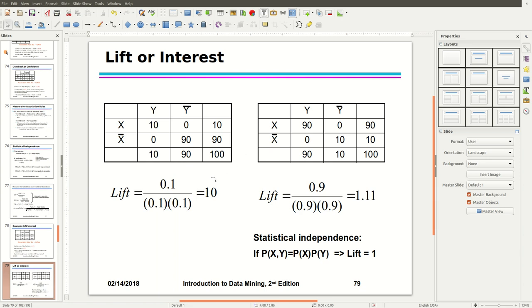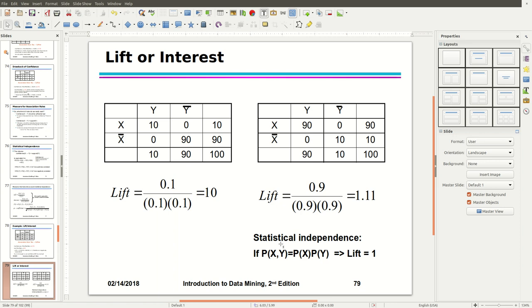And if we calculate lift for the first table, then we have 10, and if we calculate lift for the second table, then we have 1.11. As you see, they are almost symmetric, almost flipped, but if you plug in these numbers, this is what you will get. So it is very different.